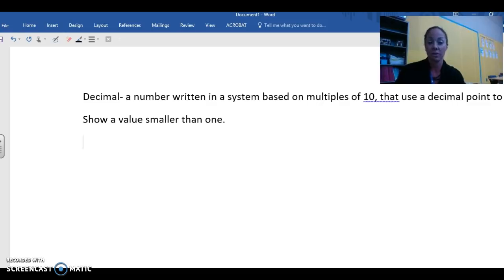So there's your definition of a decimal. Make sure you hit pause. Decimal is a number written in a system based on multiples of 10. And you use a decimal point to show a value smaller than 1.